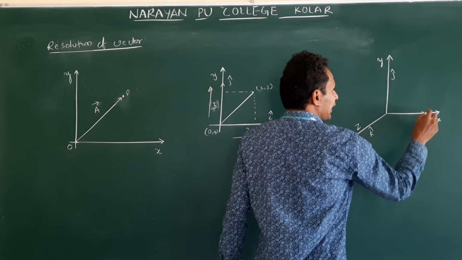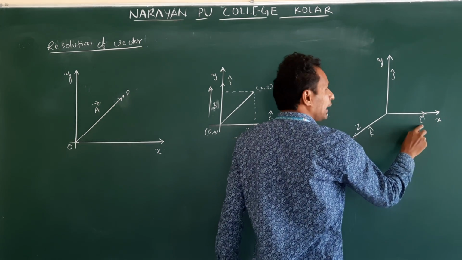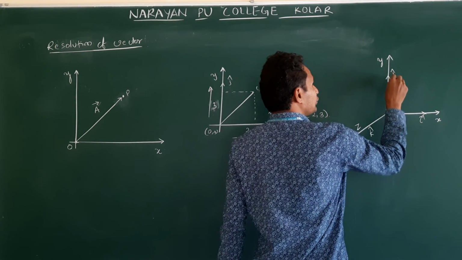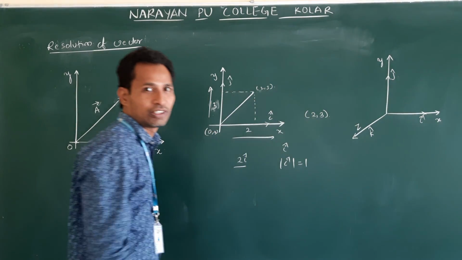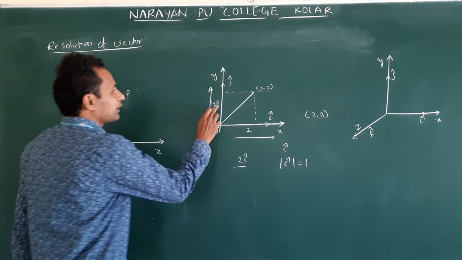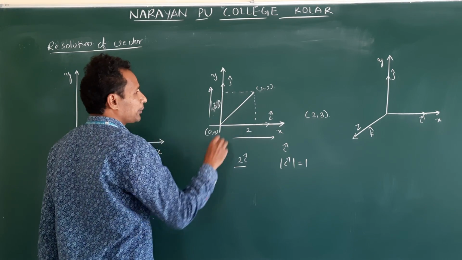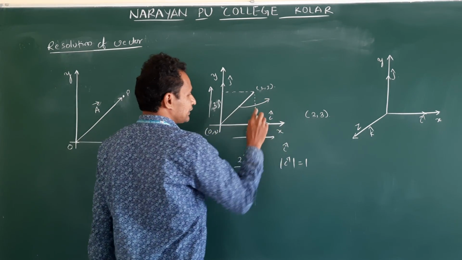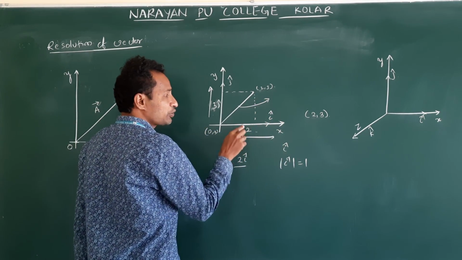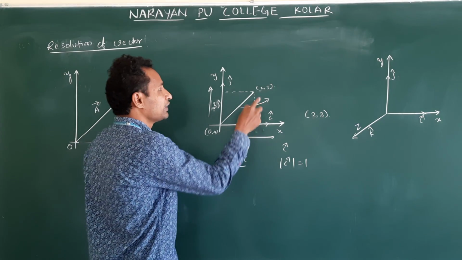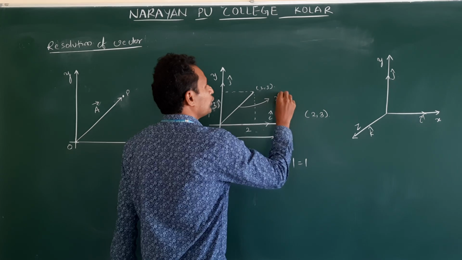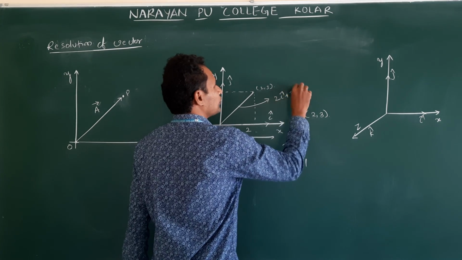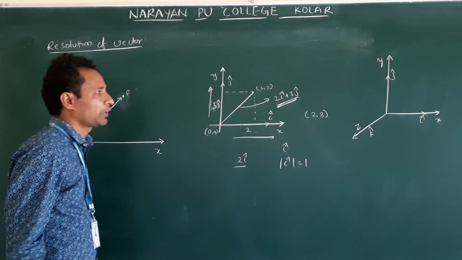So here, how can you write 3? 3 j cap. 2 is one component along the x-axis, 3 is another component acting along the y-axis. This we can write as 2 I cap plus 3 j cap.